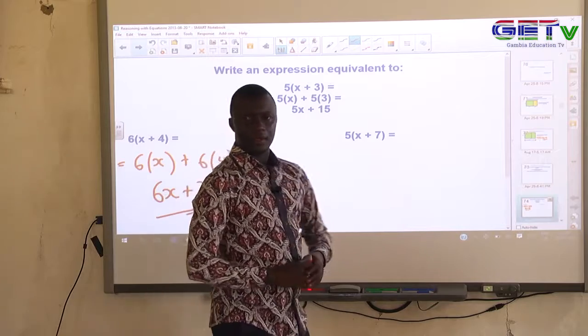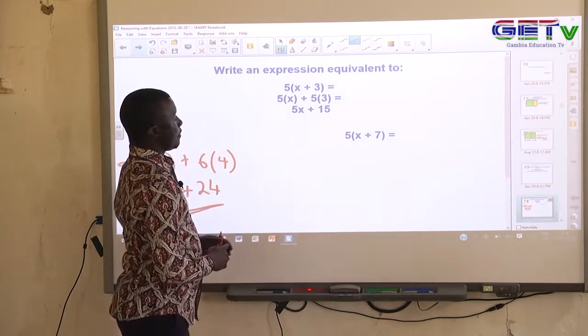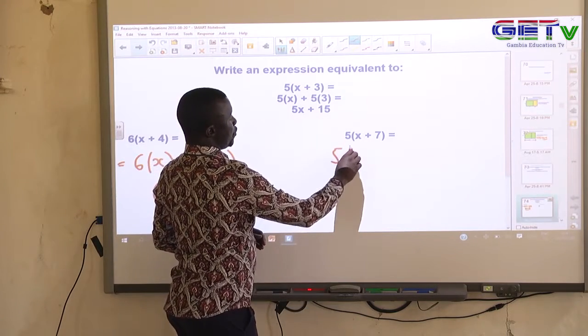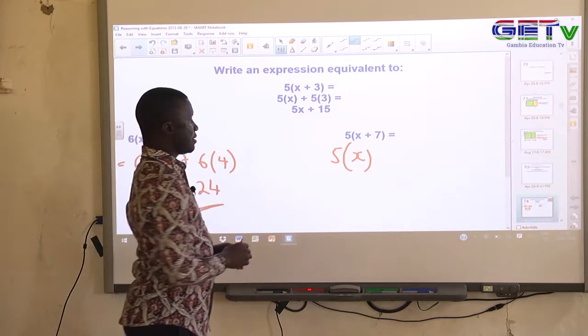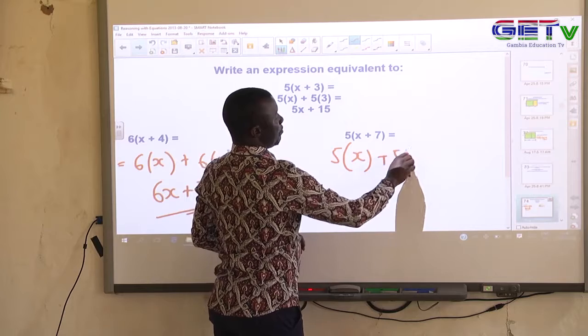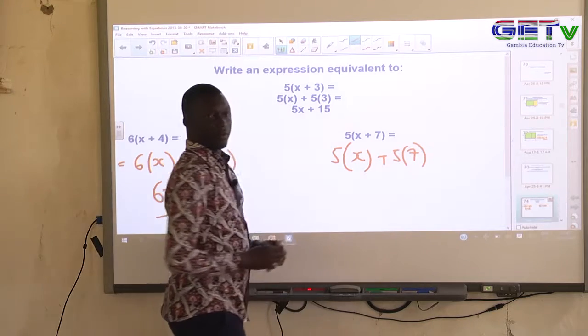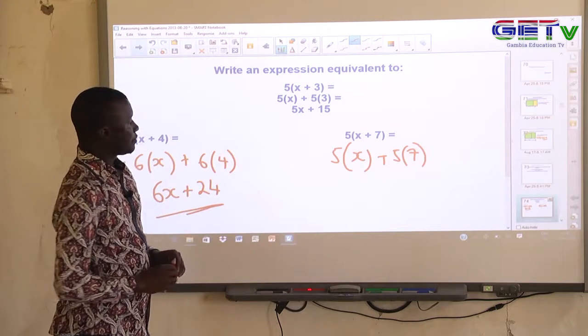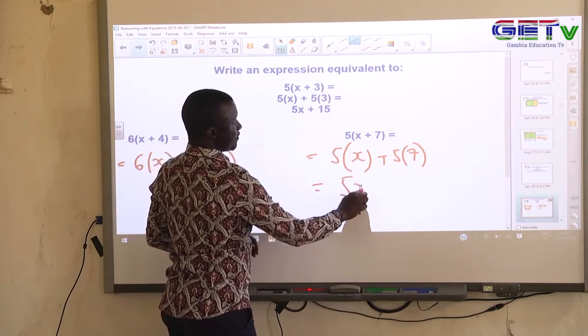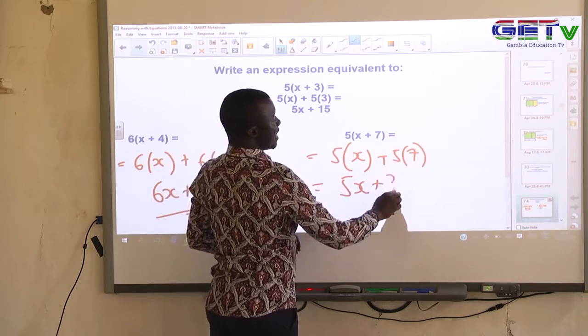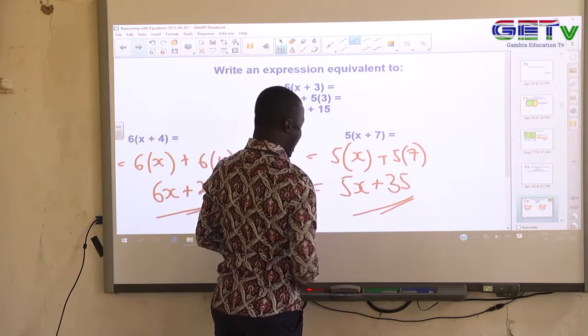Let's do this one again together. Using the distributive property, we will multiply 5 by x, and again, multiply 5 by 7. In doing so, we'll have 5 times x is 5x, plus 5 times 7 is 35.